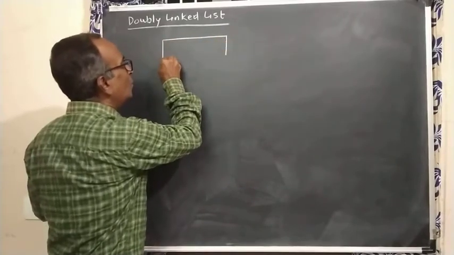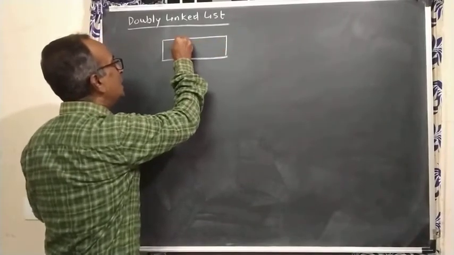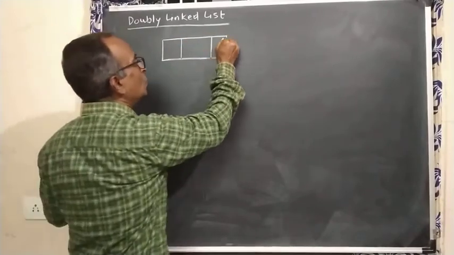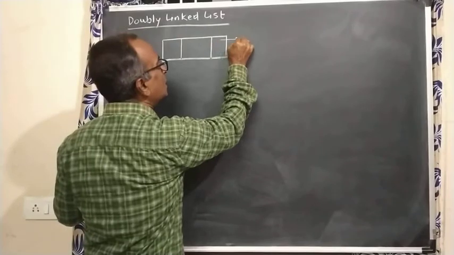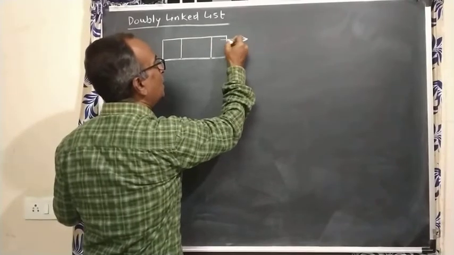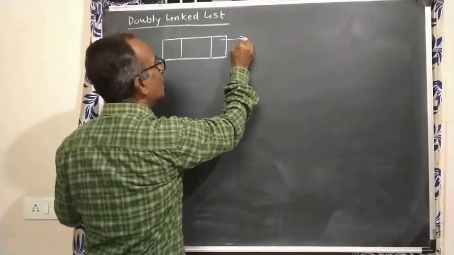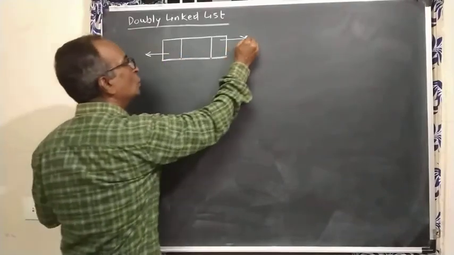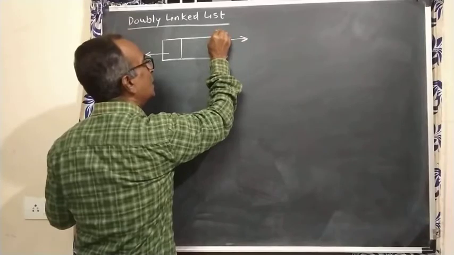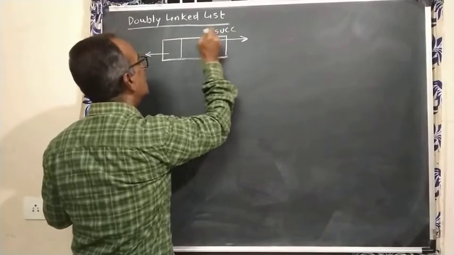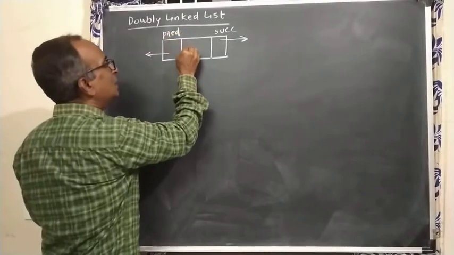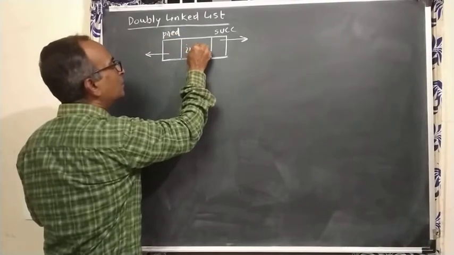So if you know pointer adjustment, then singly linked list, doubly linked list, everything will be very easy. So whatever successor pointer field points to its successor, and this points to its predecessor. So two pointer fields, I'll say this as successor, this as predecessor, and this is data or info field.